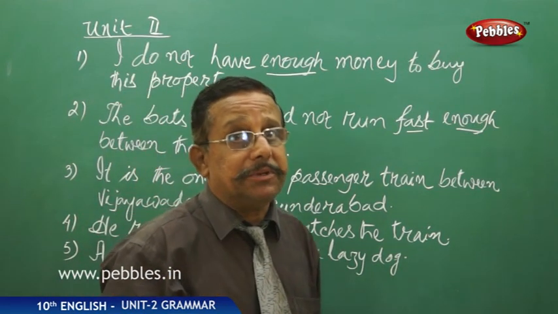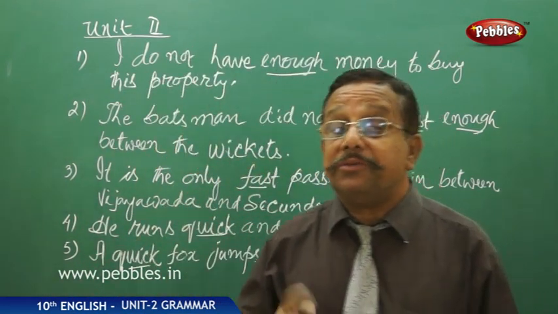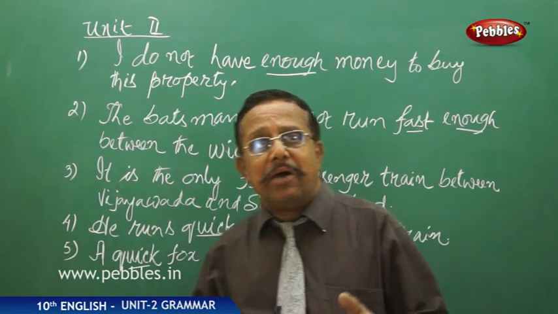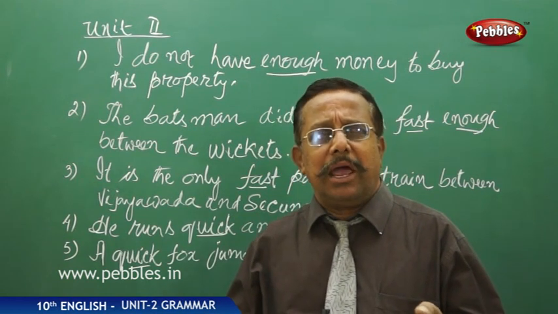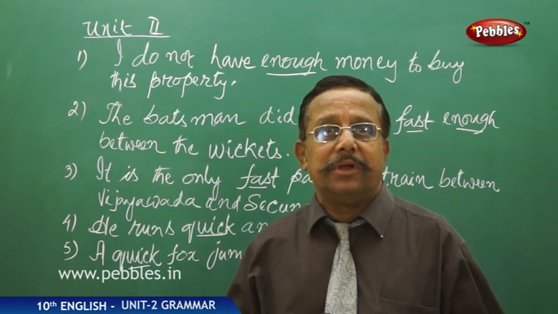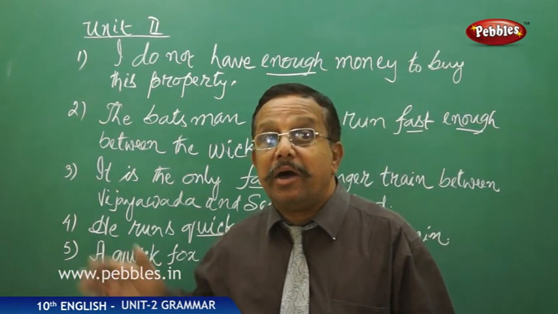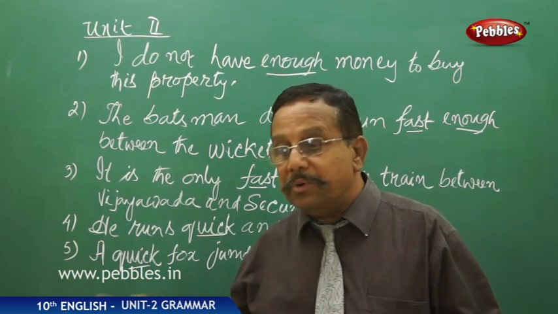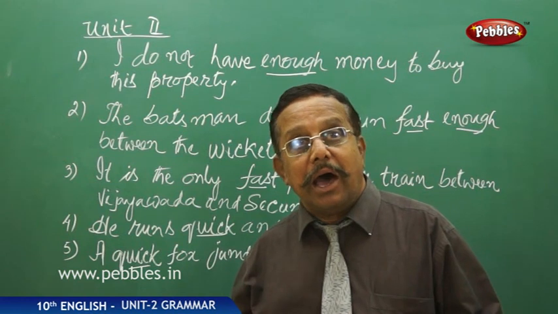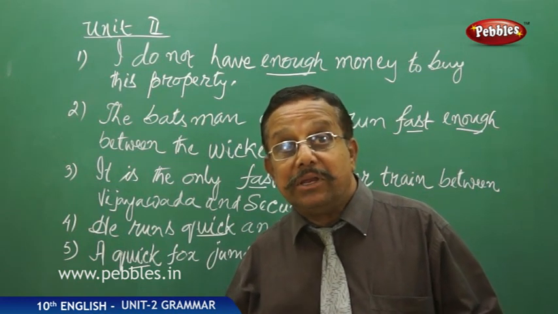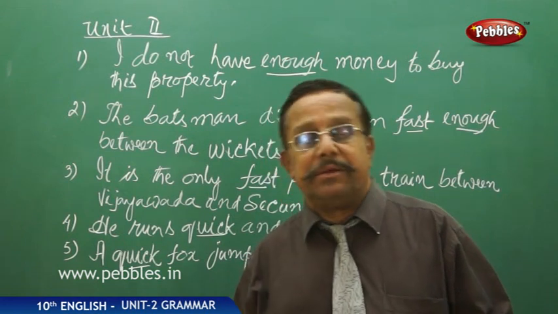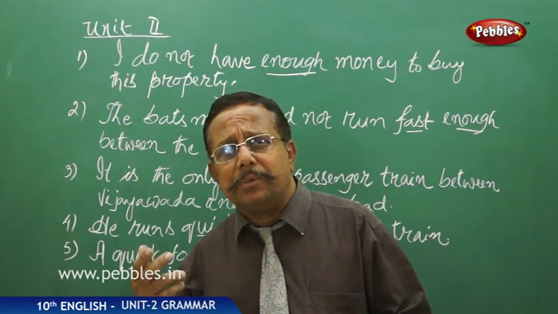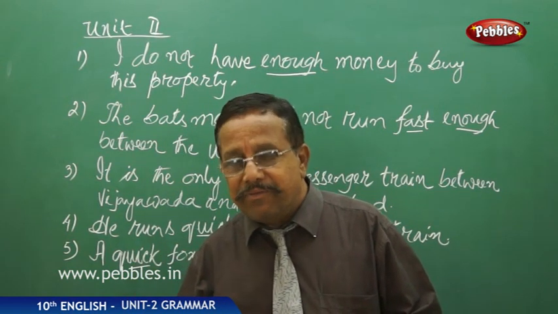Here under this chapter we have the usage of a single word as adjective and adverb. So we should have a quick description about adjective and adverb. What is an adjective? Adjective we have already seen. It describes the noun. What is its position? Before the noun which it describes, or maybe after the noun with a verb in between. Mostly we can see it after the common noun with a verb in between.